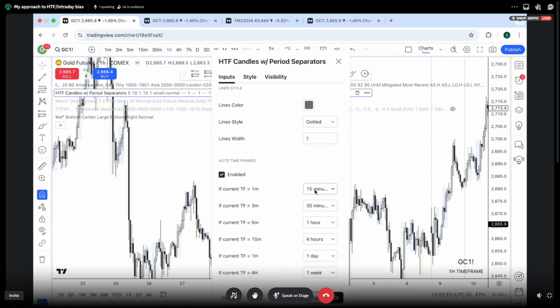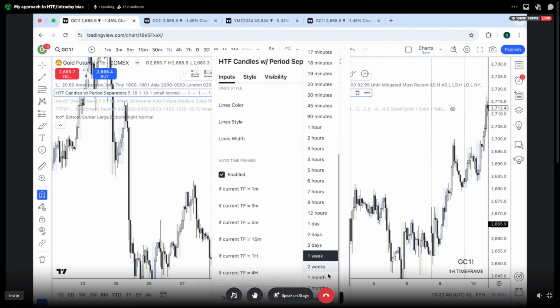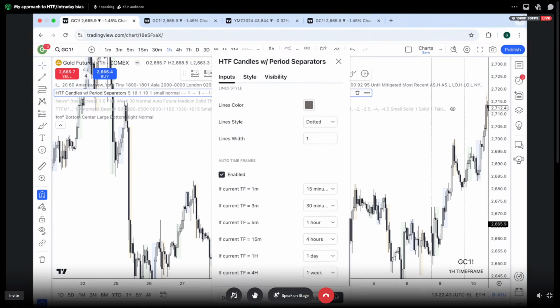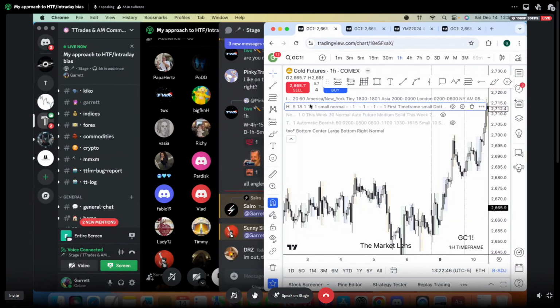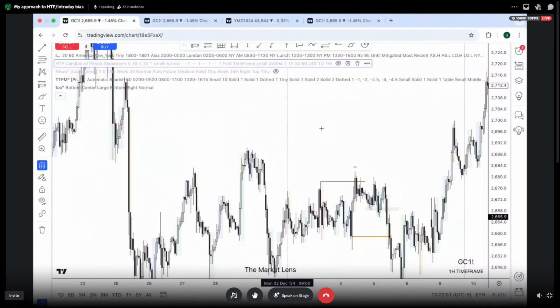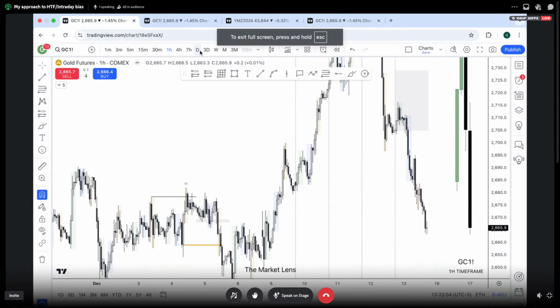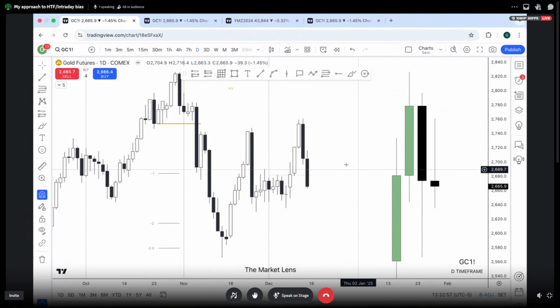Every time I go to the 1-minute time frame, it's showing the 15-minute candles. When I go to 3 minutes, it shows 30; 5-minute, 1 hour; 15-minute, 4 hour; 1 hour, daily; 4 hour, weekly. You can adjust it however you want. Like you can make this the monthly timer. I wish I could add it though. But if you get TJ's fractal model, it's the same thing, but it also shows the daily and the monthly. It's pretty cool.